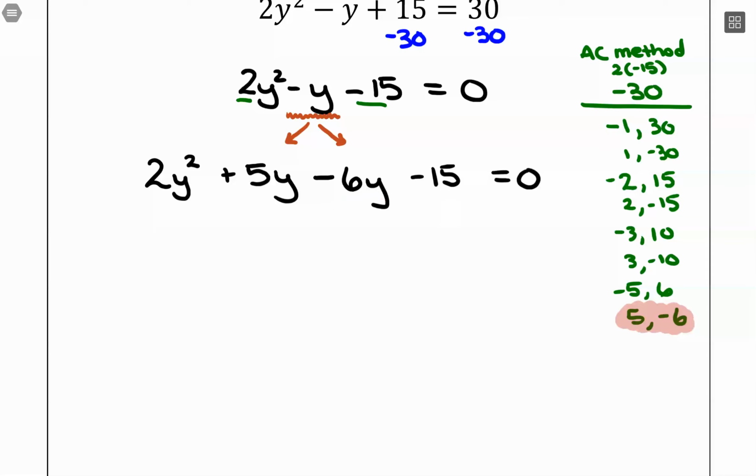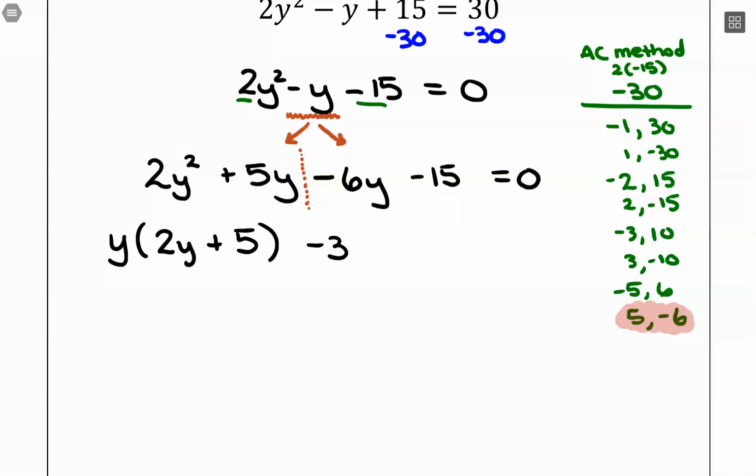With the grouping method, we cut our expression in half. We look at the left-hand side and look for a greatest common factor. There's a common factor of y, and that leaves us with 2y plus 5. On the right-hand side, because that leading term is negative, our greatest common factor will be negative, and it looks like I can take a 3 out of both of those.